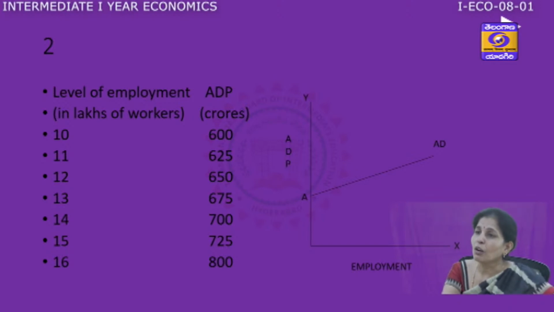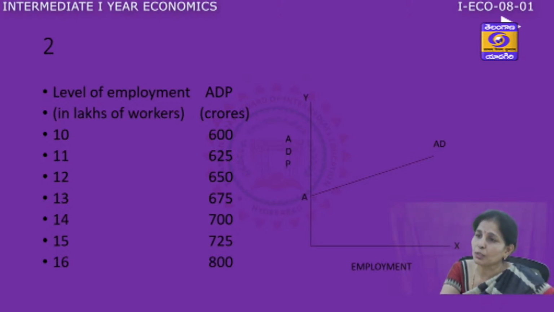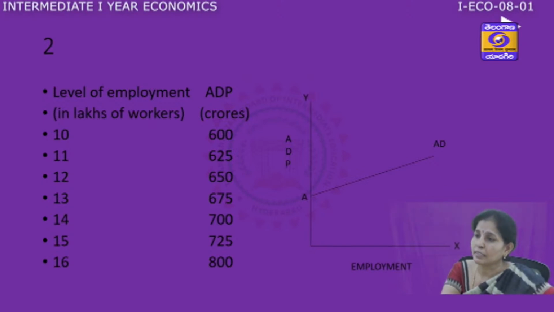When the level of employment is 10 lakhs, the aggregate demand price, that is the expected expenditure, is 600 crores. If it is less than that, they have to increase the production. As the level of employment increases, the aggregate demand price also increases.